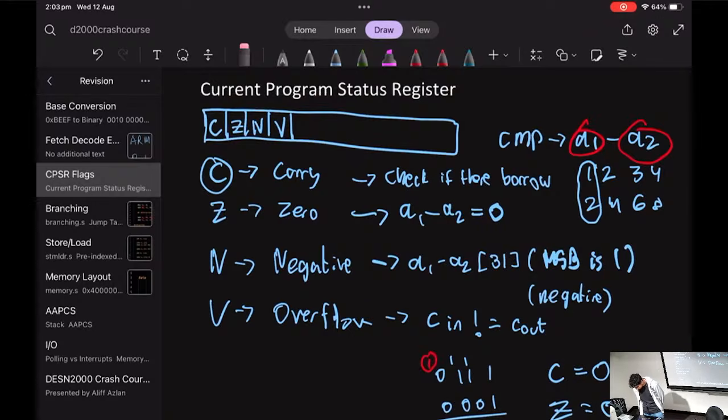That was a really weird way of putting it. But yeah, combinations of these flags can tell you different relationships between numbers, and you can see that on your data sheet, which you should have in the exam.